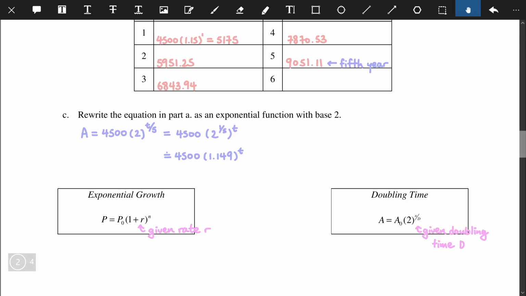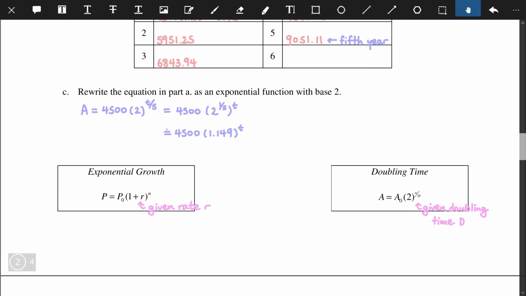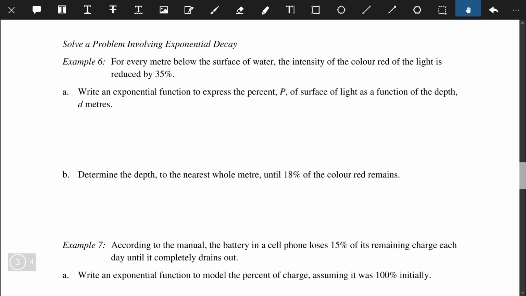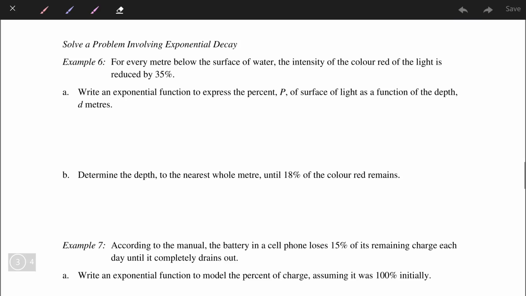All right, so let's look at exponential decay next. Example 6 says here, for every meter below the surface of water, the intensity of the color red of the light is reduced by 35%. So go ahead and write an exponential function for that. So the percent of the surface light is equal to, of course, it starts at 100% on the surface, and it's going to decrease by 35%.